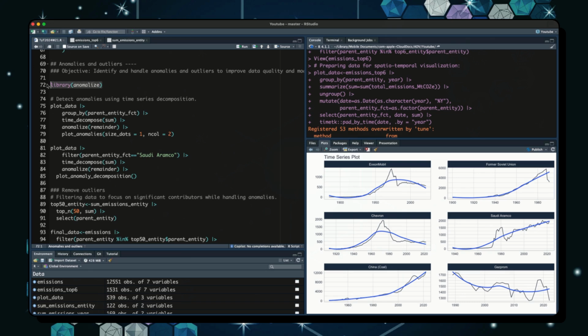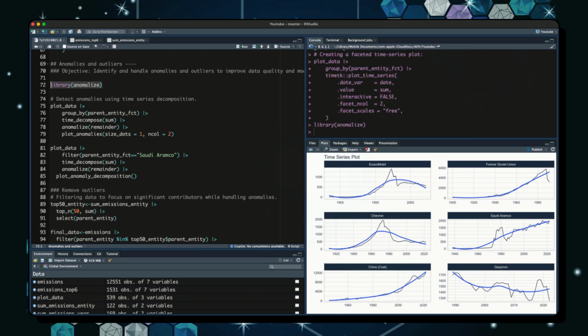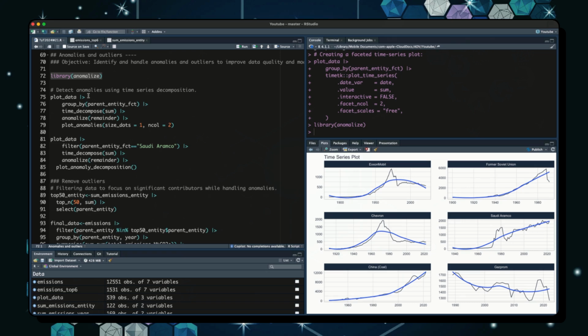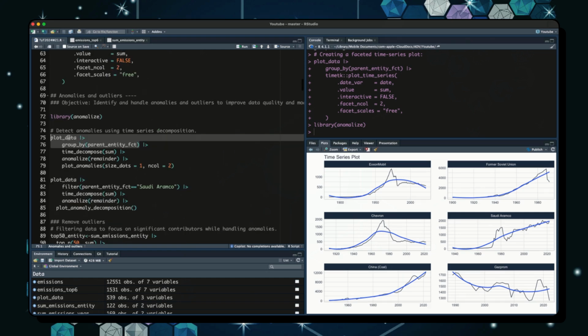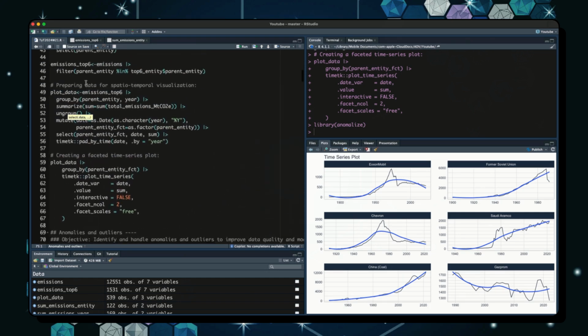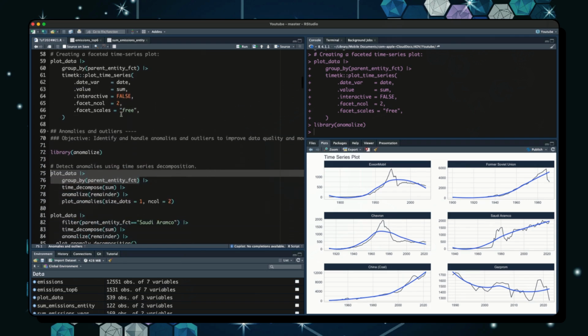The Anomalies package here has a wonderful tool to do just that for time series. So if you want to detect anomalies using time series decomposition, we need a couple of functions of the Anomalies package. We need to take our data, plot data, which refers here to the emission of the top 6 entity with some housekeeping.